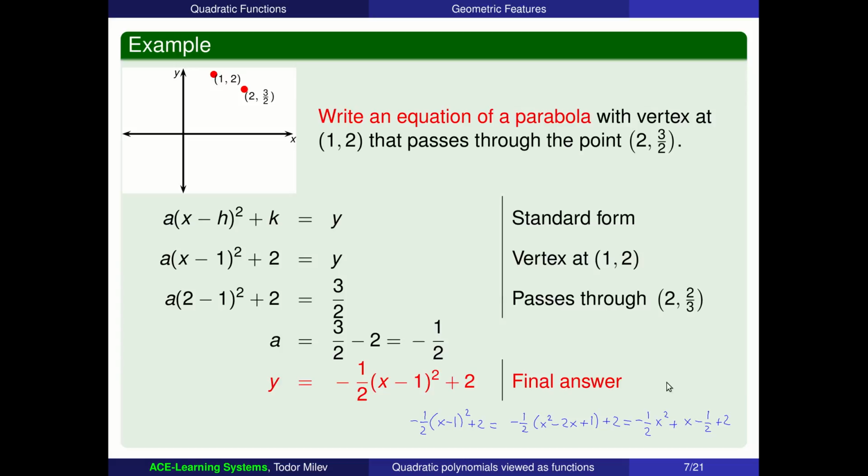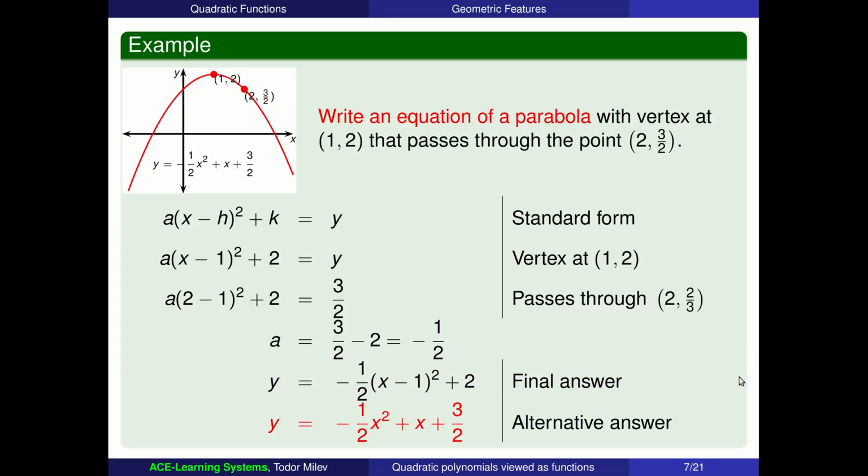Or finally I could rewrite that, as I run a little bit out of space, so let me continue over here. Negative 1/2 x squared plus x, 2 minus 1/2, that is plus 3/2. Okay, and that's my final equation: negative 1/2 x squared plus x plus 3/2.